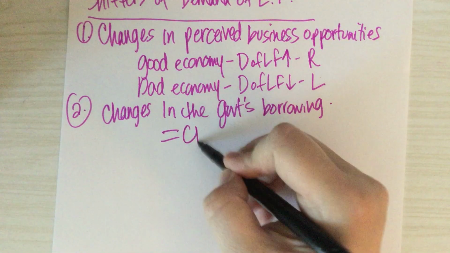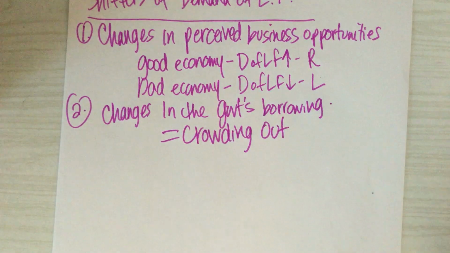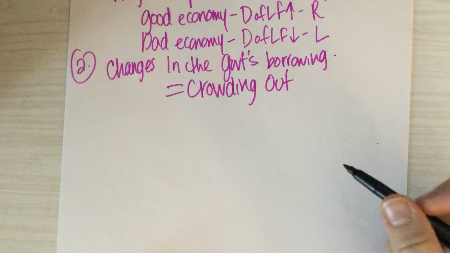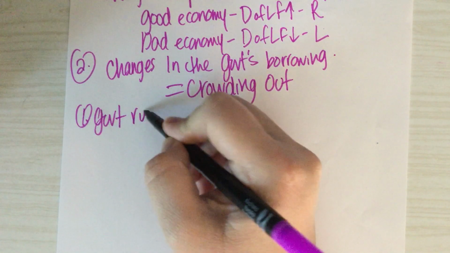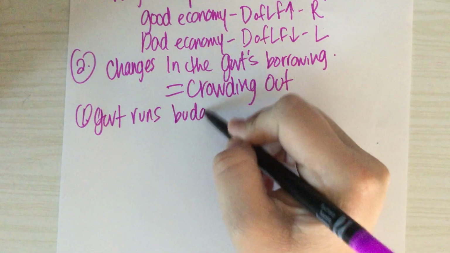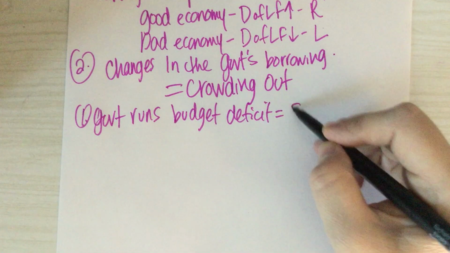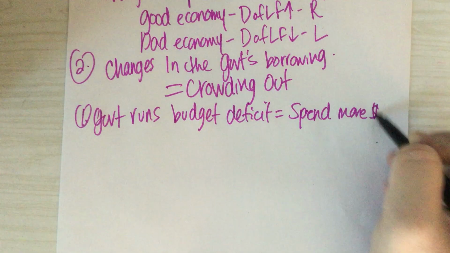This also leads to a situation called crowding out. So what happens here is that, number one, the government is running a budget deficit. Deficit is when you spend more money than you're making.